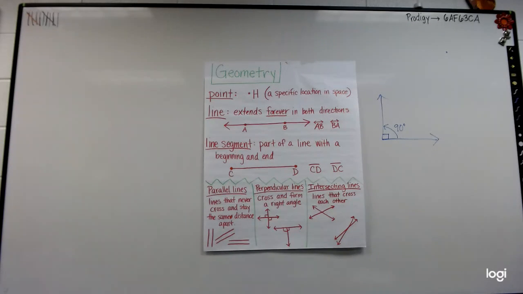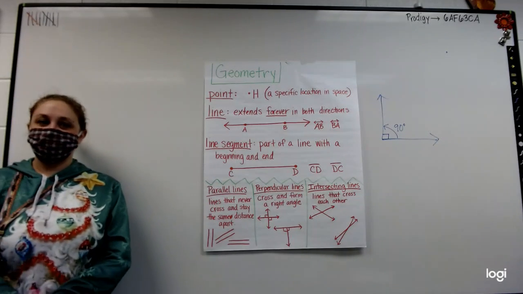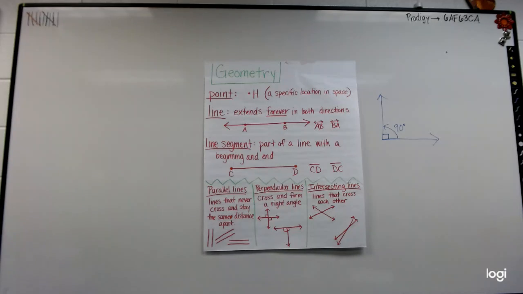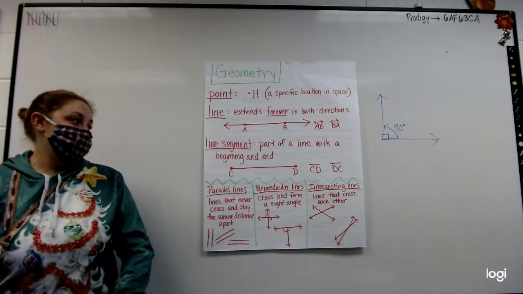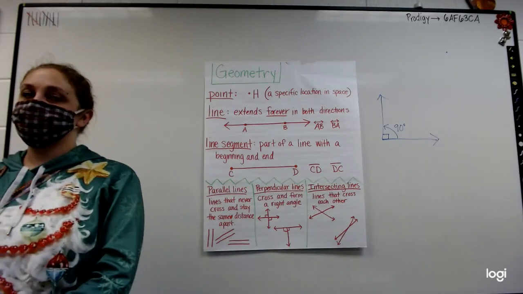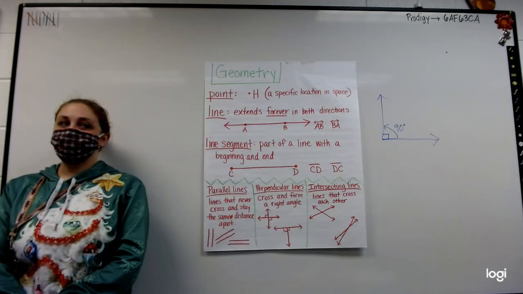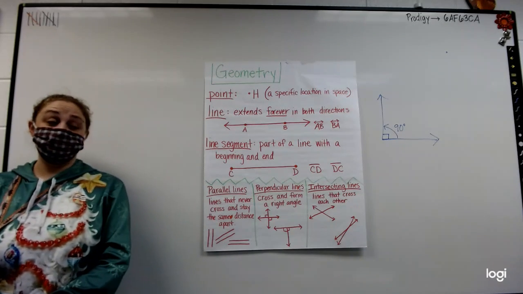All right, here's a question to see who understands. If I have an intersecting pair of lines, can they also be parallel? Raise your hand. I need everyone's brain on. If I have intersecting lines, could they also be parallel? Someone raise your hand. No. Angie? No, you're right. Why not?